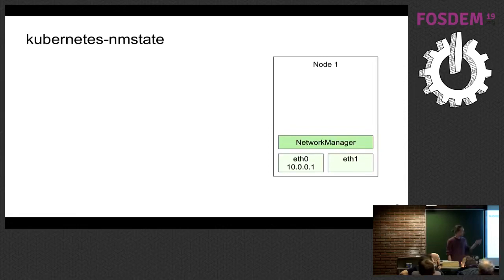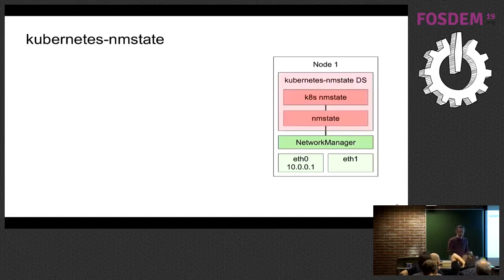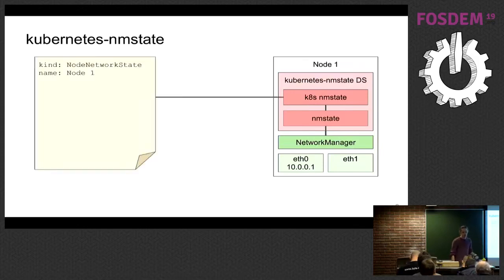So let's imagine we have this one single node, and it has two interfaces controlled by NetworkManager. The ETH0 is used for management as a default network, and it has an IP address already configured. The ETH1 doesn't, however. So we deploy our add-on for Kubernetes NMState, and it's just a simple daemon set that has NMState in it, which communicates with NetworkManager, and it has a daemon Kubernetes NMState that creates an object per each node called node network state, and it updates it and monitors it for changes.